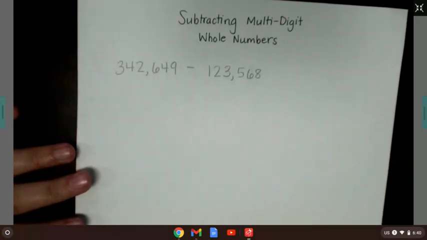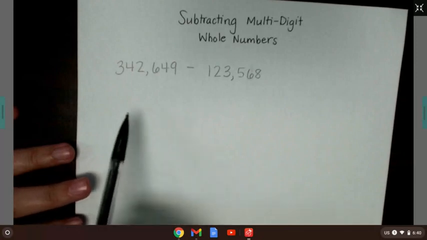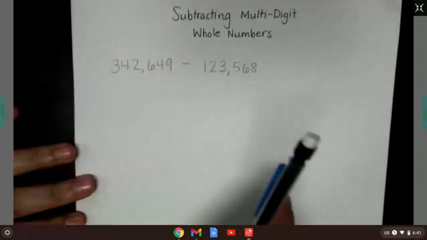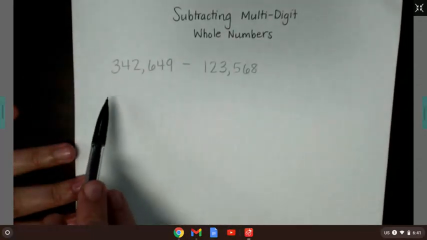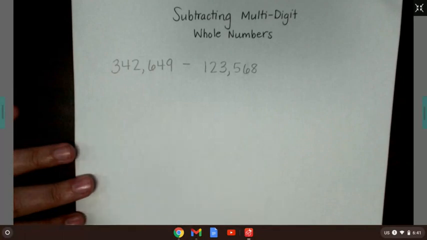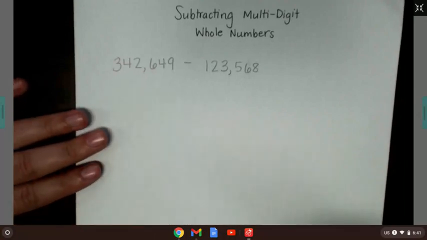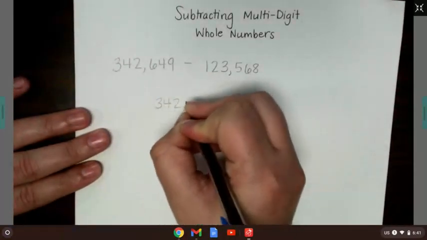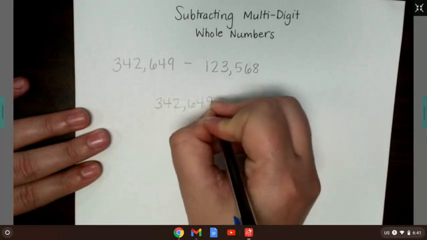When you have a problem that looks like this, make sure you get out a piece of paper and a pencil with an eraser, and you're going to line these up. Subtraction is not any different than addition when it comes to that. I'm going to take my first number, 342,649.